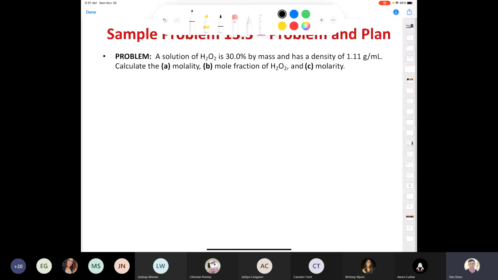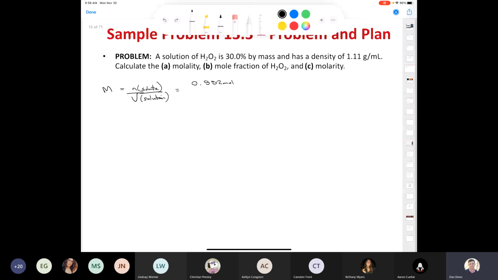Molarity, big M, is equal to the number of moles of solute divided by the volume of the solution in liters. I've already got the number of moles of my solute, don't I? It was 0.882 moles of hydrogen peroxide. We already got that part done.